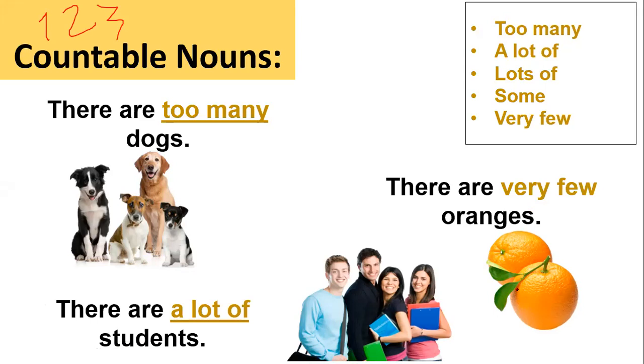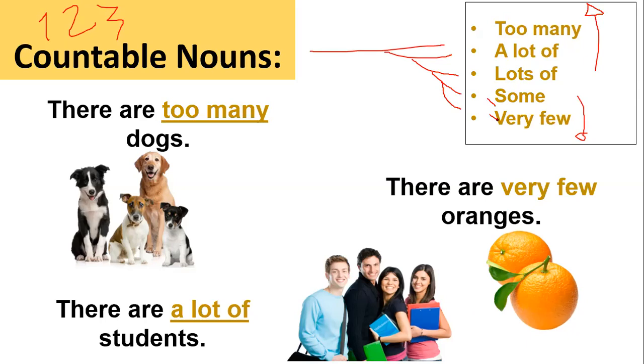So for countable nouns, I have specific words: too many, a lot of, lots of, some, and very few. These three mean that you have a big quantity. And these two mean that the quantity is very short or very little.